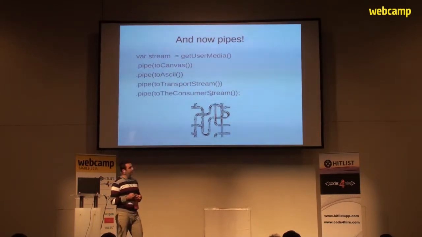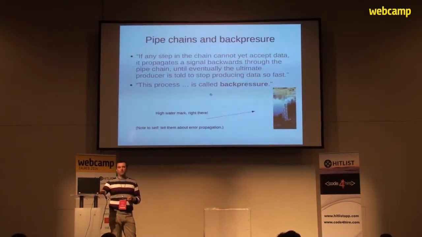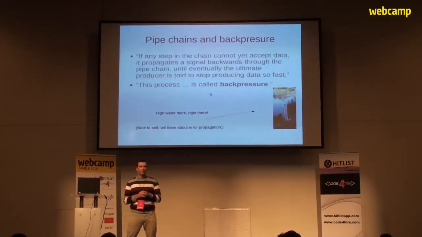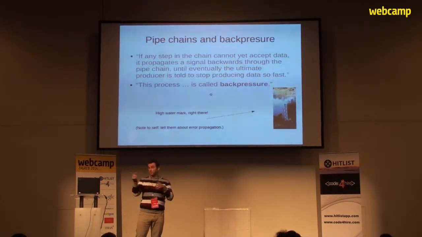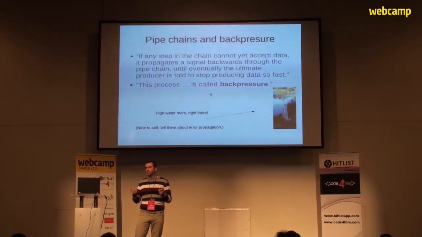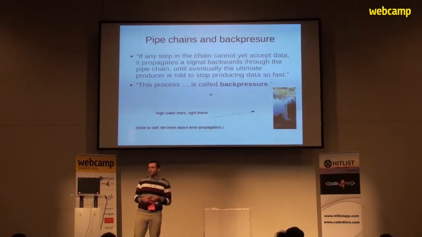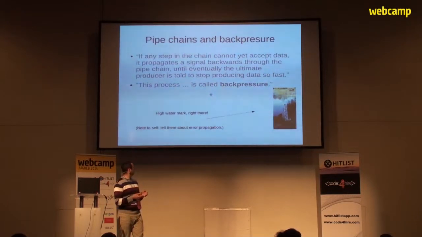But there are also a few things that are complex in that system. We have a thing called pipe chains and backpressure. So what does that mean? What happens if you are taking a stream and saving it to a disk, and you ran out of disk space? So it's an error, but your camera is still emitting, and if you're on a mobile, your video is still streaming, your bandwidth is going to nothing.